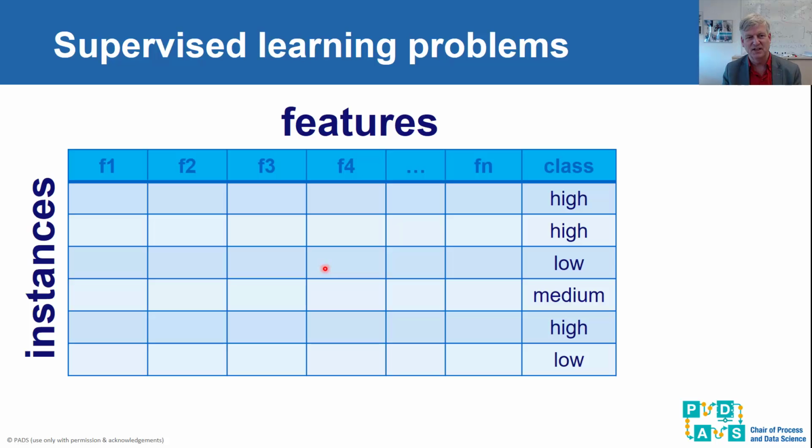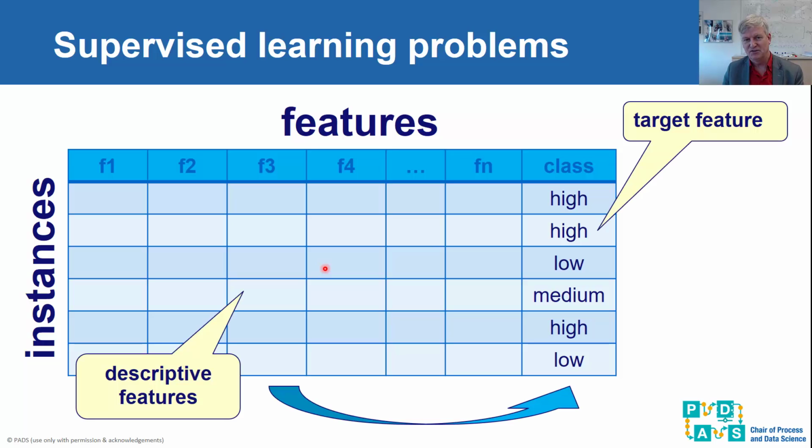And I'm going to give you some examples. So just to refresh what we have seen in the first couple of lectures, what is a supervised learning problem? We have a table, we have different features, every row corresponds to an instance, and we have a special feature that we call the target feature. And in terms of the descriptive features, we would like to predict the target feature.